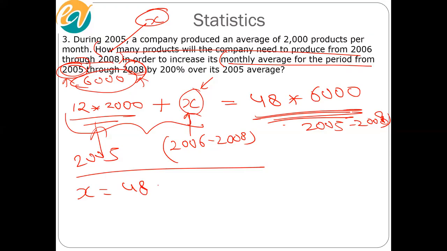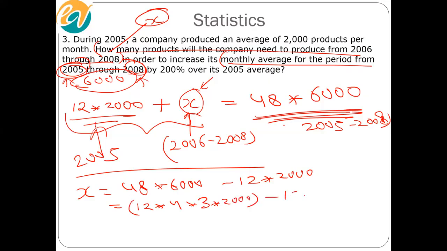So basically 48 into 6,000 minus 12 into 2,000. In fact, this is like 12 into 4, 48 into 3 into 2,000, minus 12 into 2,000.